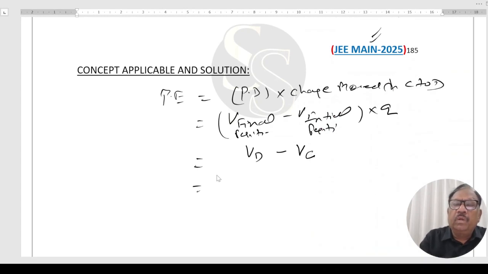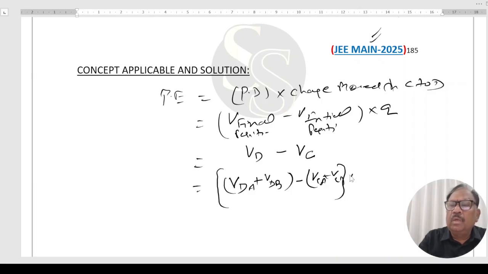VD will be equal to potential at D, VDA plus VDB, minus VCA plus VCB, into Q3.